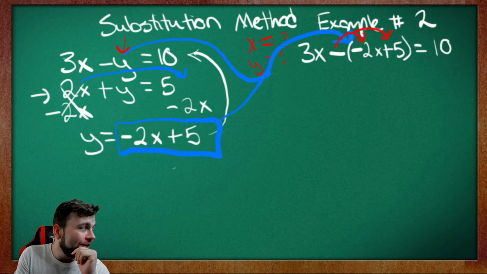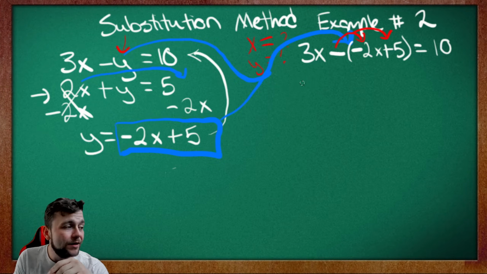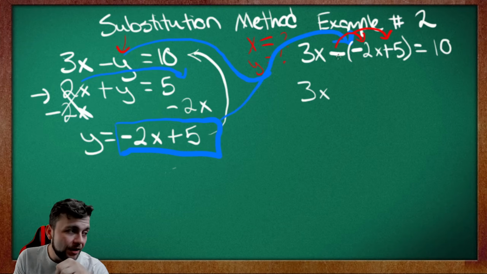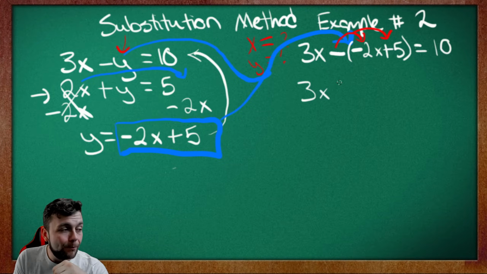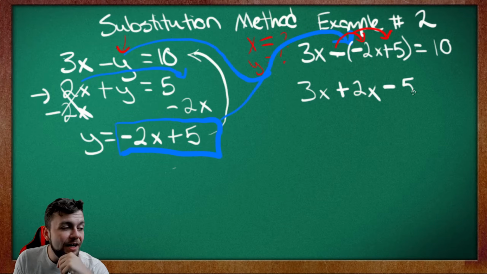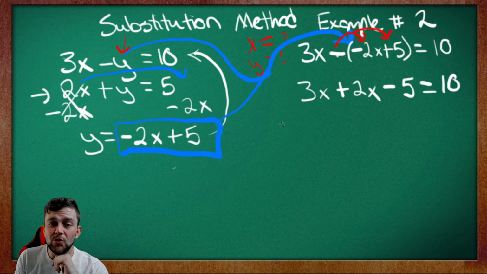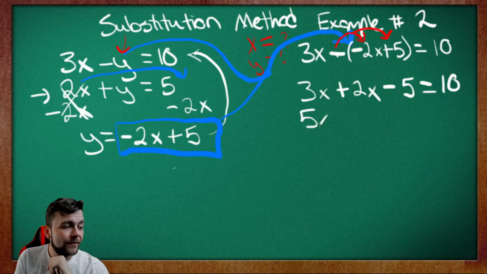I'll start rewriting this, and I want you to just take your time. If you have to, pause, right? So 3x, negative times a negative is a positive 2x. Negative times a positive 5 is a negative 5, and that equals 10. What is 3x plus 2x? 5x minus 5 equals 10.